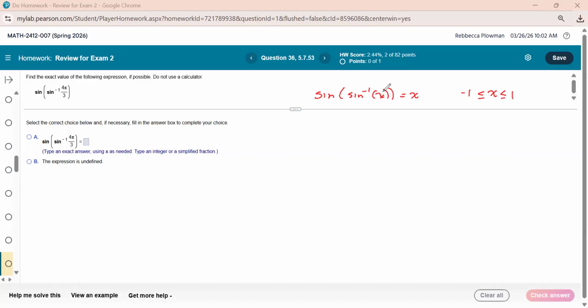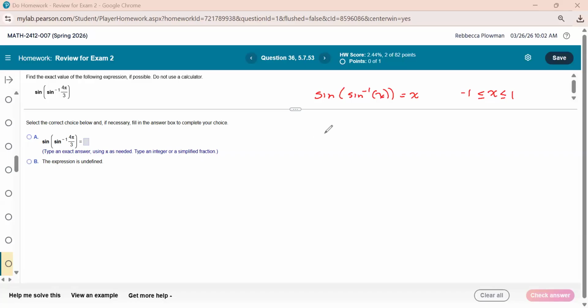And the reason for that is that we know that sine has a range between -1 and 1. So we're looking for an inverse sine, and we're putting in numbers that come from that range between -1 and 1. So we're just making sure that we actually have an answer here.